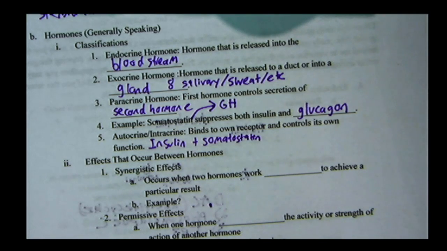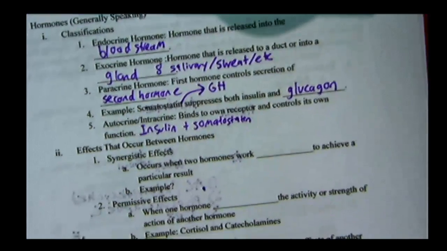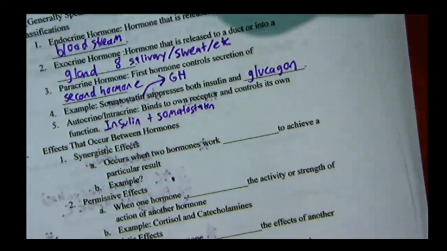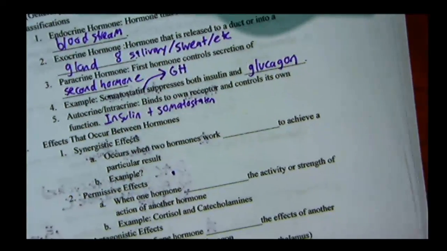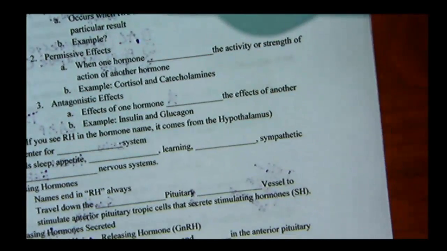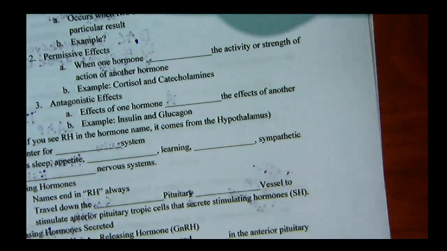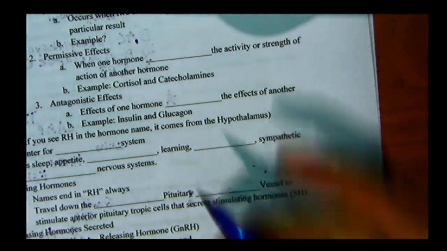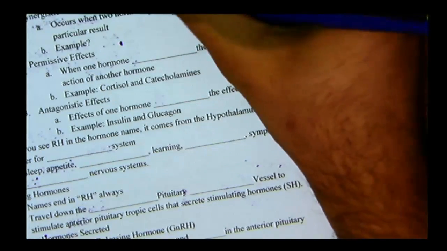So effects that occur between hormones. There's synergistic, permissive, and antagonistic. Synergistic occurs when two hormones work together. They're friends to achieve a particular result. What is an example of that? You guys think of any?